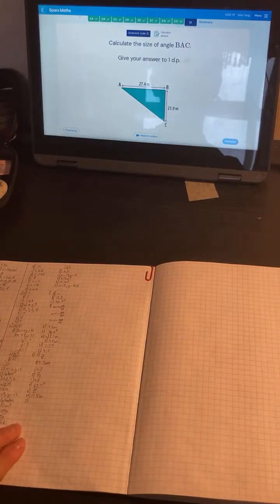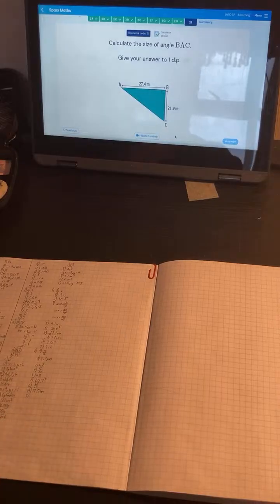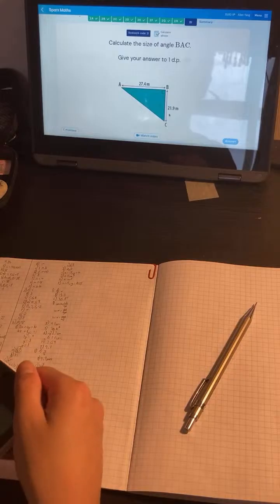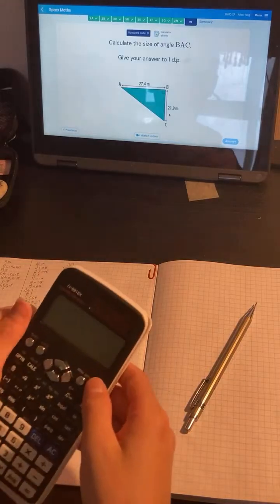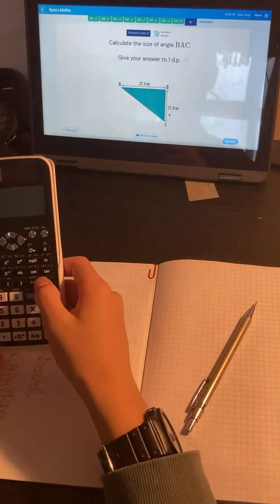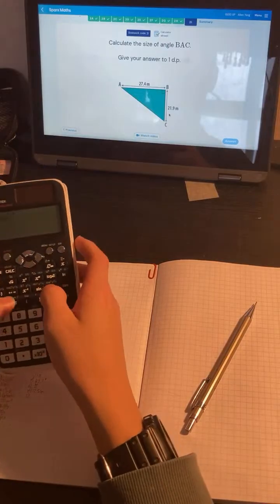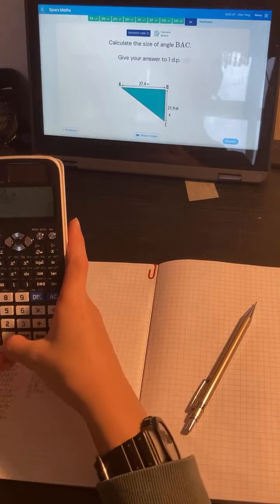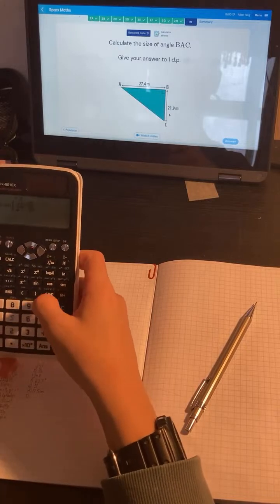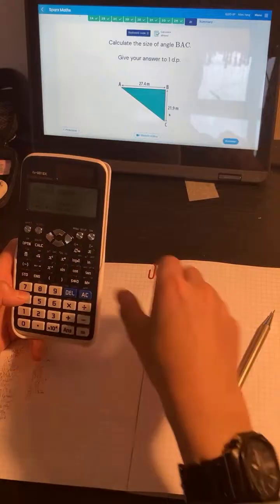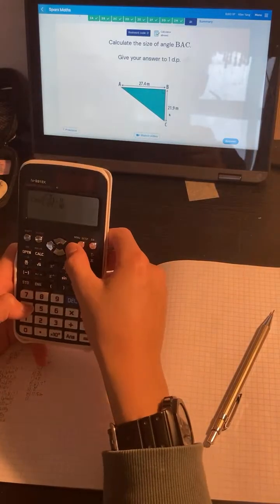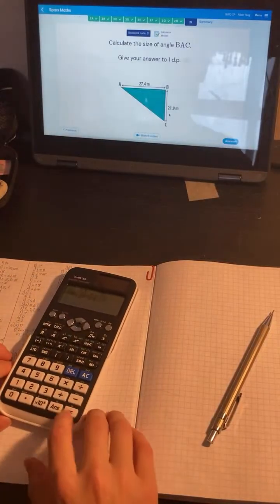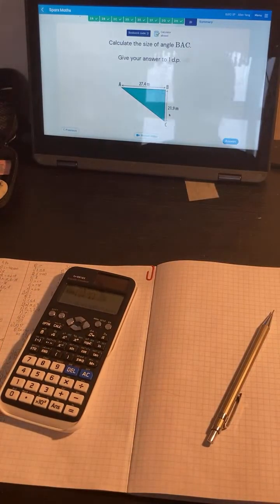BAC. So we're going to use inverse tangent of 21.9 over 27.7. Wait, let me just turn the lights on. That's not correct.